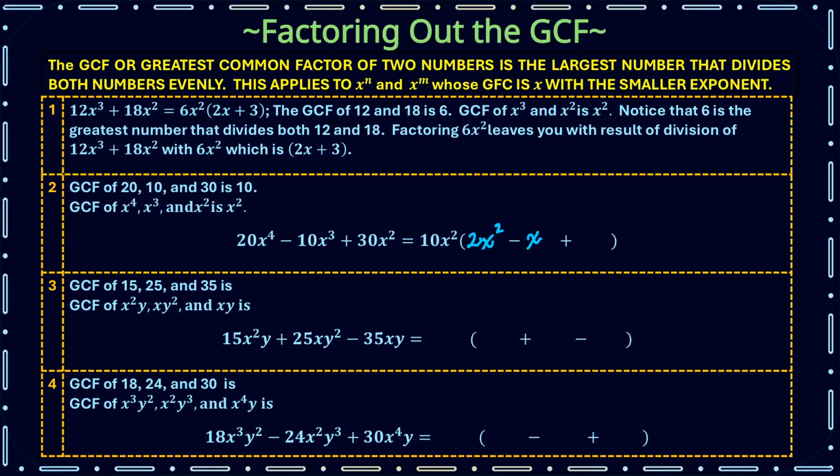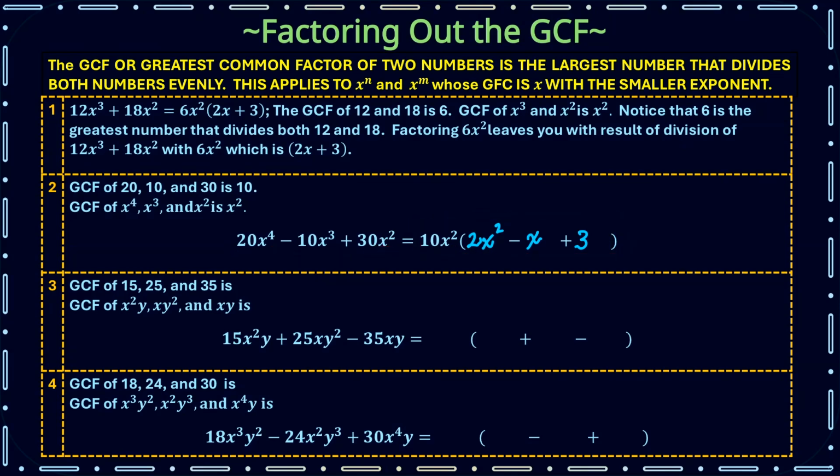And then for the last term, we have 30 divided by 10, whose quotient is 3, and x squared divided by x squared, which is 1. And again, you don't have to write 1 because 3 times 1 is just 3. And this is the factorized form of our trinomial.